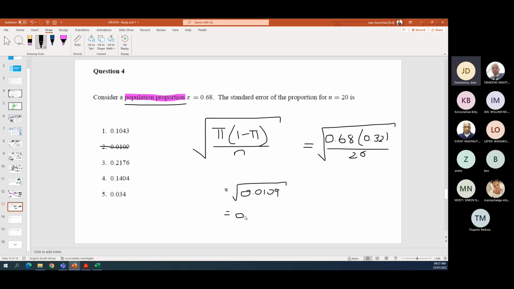Then if we square root that, 0.1043, which is option 1. So again, just be careful that whatever they had underneath the square root was again an option. So if you answered that as the option, they probably would have given you 1 point in your assignments instead of the full 4 marks. Okay, but just be careful.